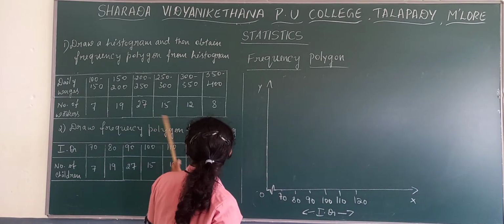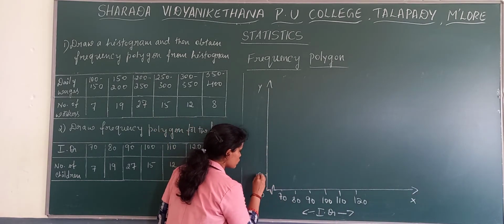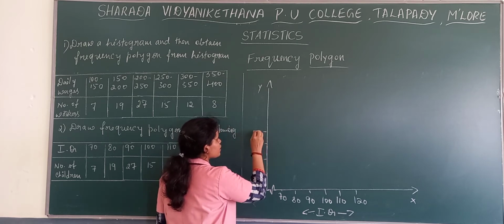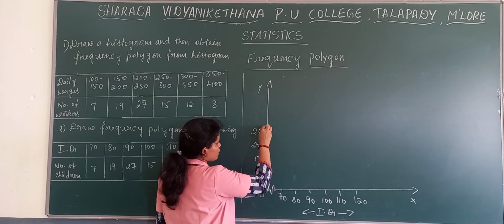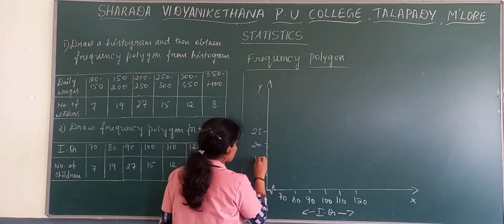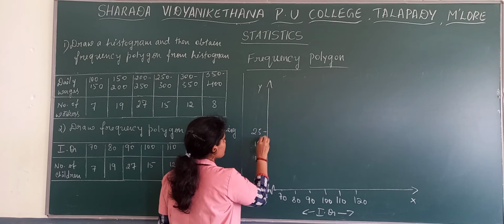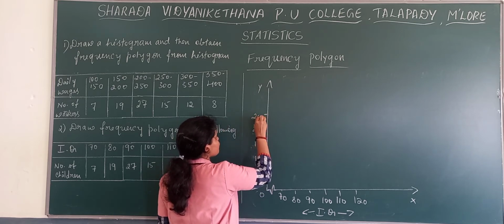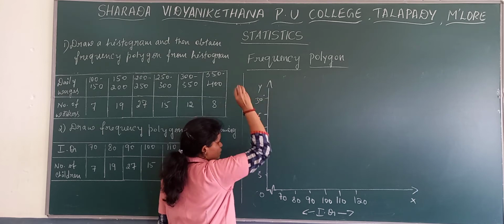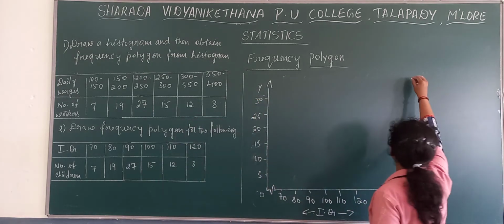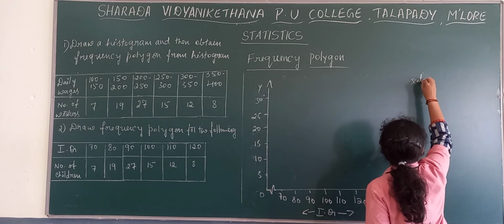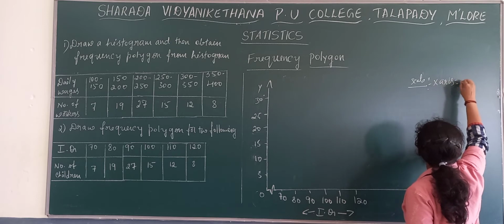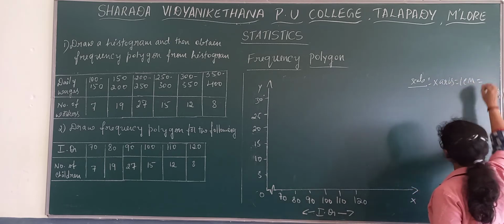Now the same values we can take: 5, 10, 15, 20, 25, 30. Write the scale. X-axis is equal to 1 centimeter.